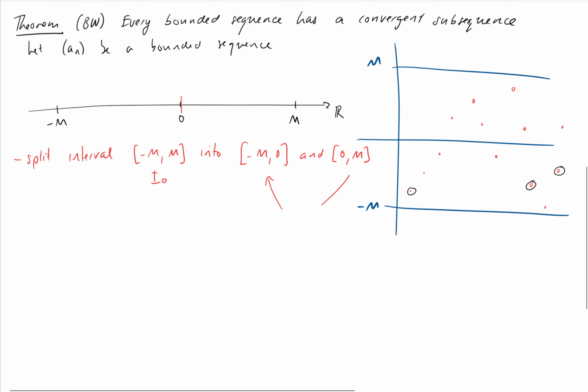Now maybe they both do, in which case I can just make a random choice, but choose one to have infinitely many terms. So our sequence has infinitely many terms in it, and so at least one of those halves also has to have infinitely many terms.